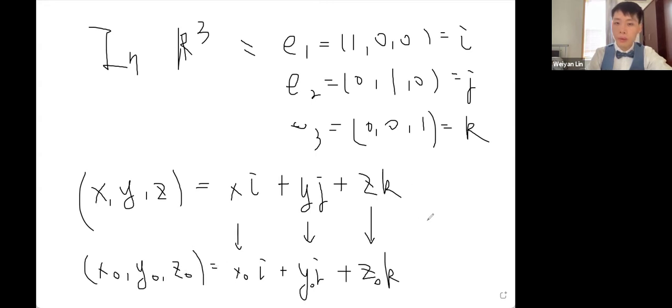Remember, the subtraction of vectors tells you about the vector joining these two endpoints.